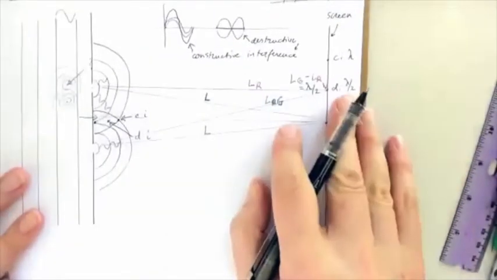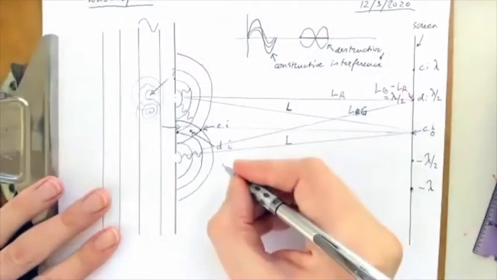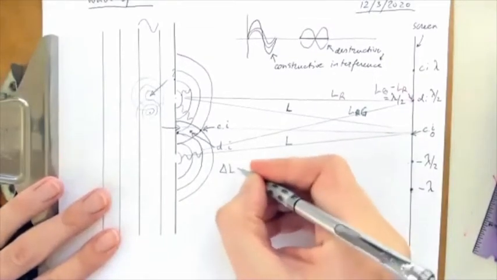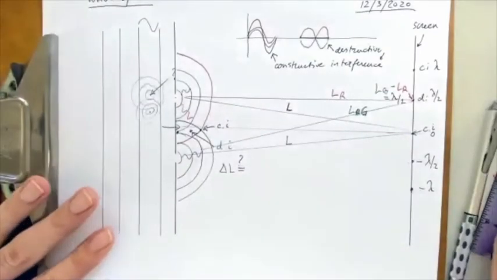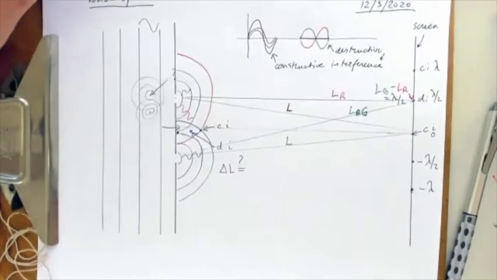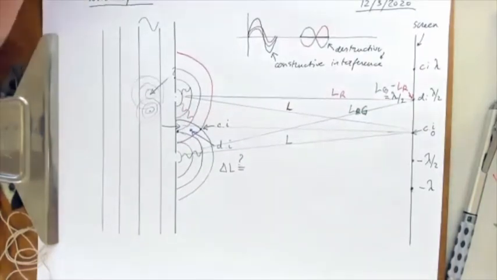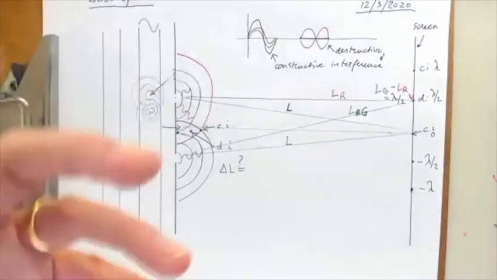Okay, so now the question is, what is delta L? This is usually an exercise that I have you go through, because it's a good exercise. So I'm going to do that, but I'll set up the coordinate system for you.